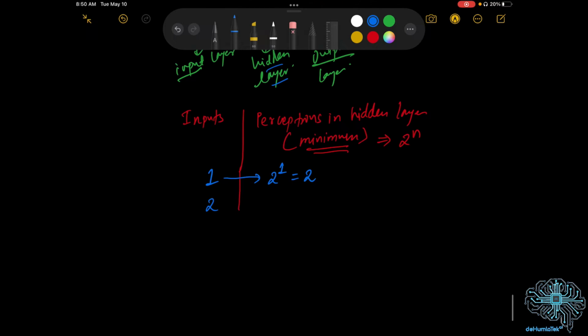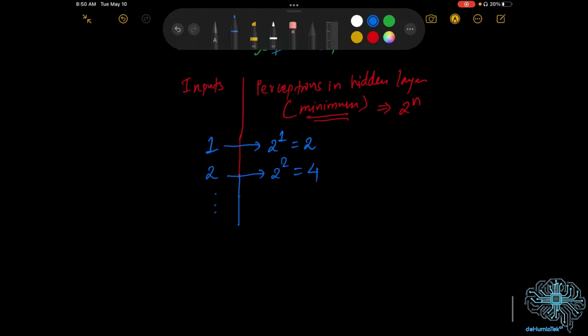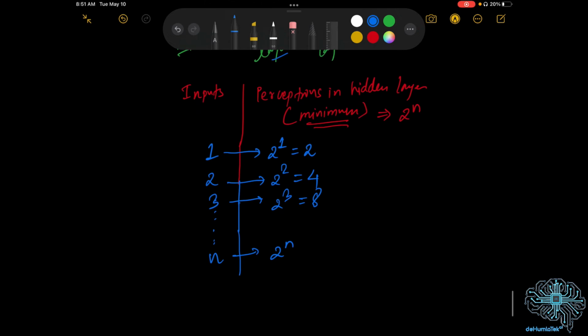For 2 inputs, it's 2 to the power 2, that is 4 perceptrons. Similarly for 3, it's 2 to the power 3, that is 8, and so on. For n inputs, the total number of perceptrons needed in the hidden layer is 2 to the power n.